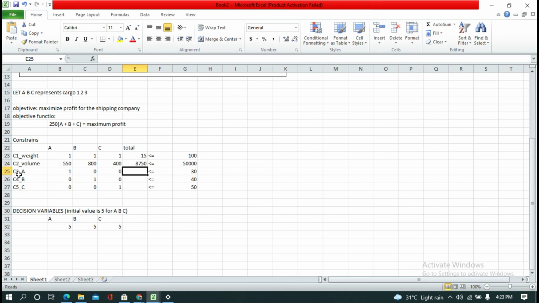And then for constraint 3, we fit this to A times the initial value of A.